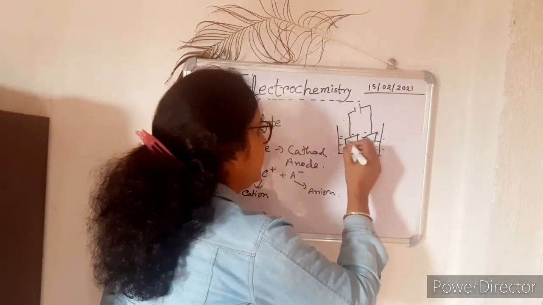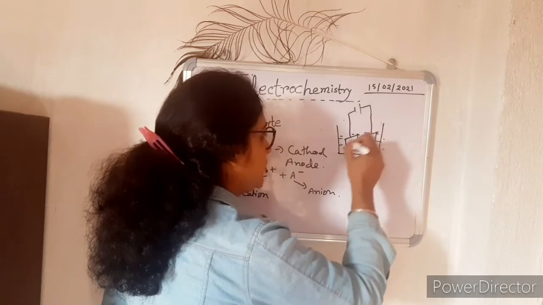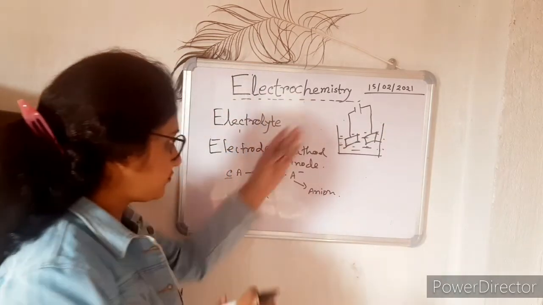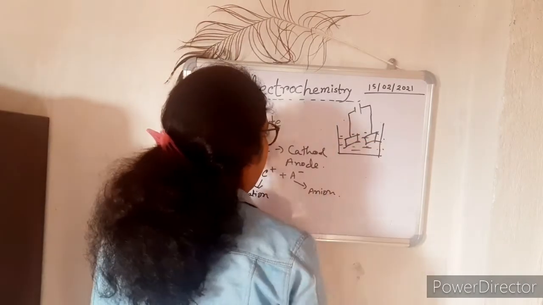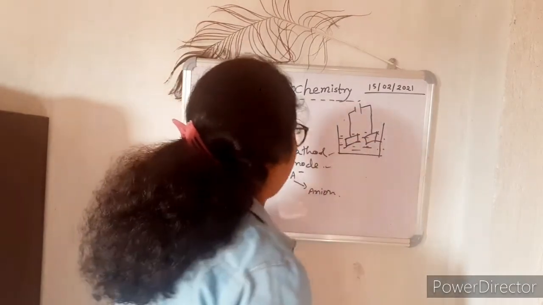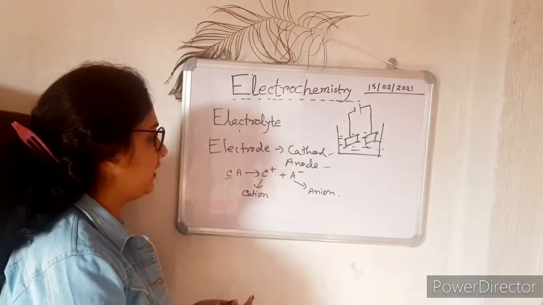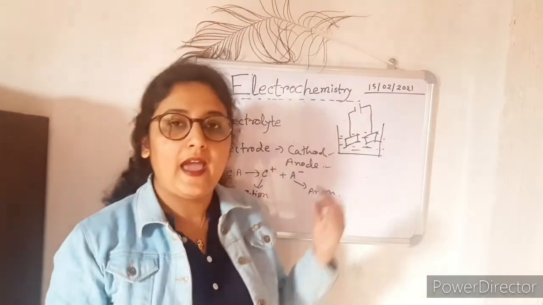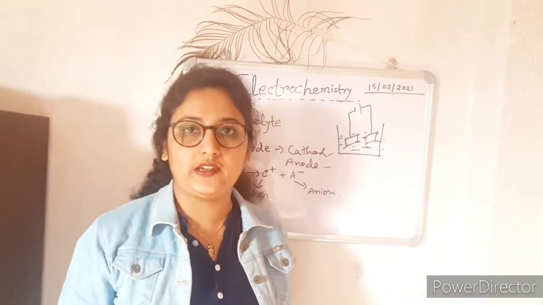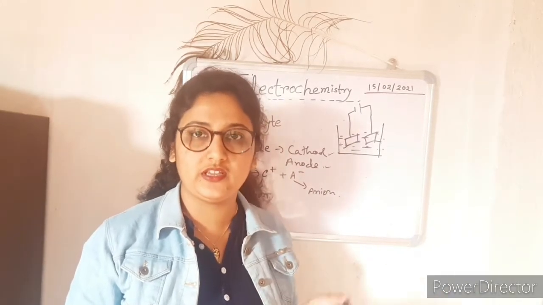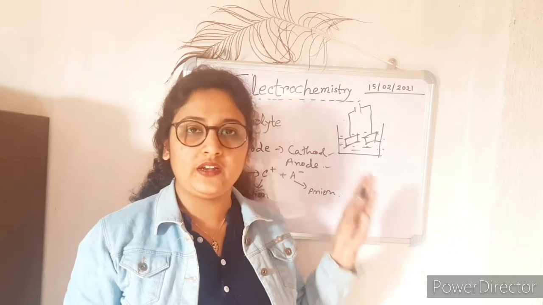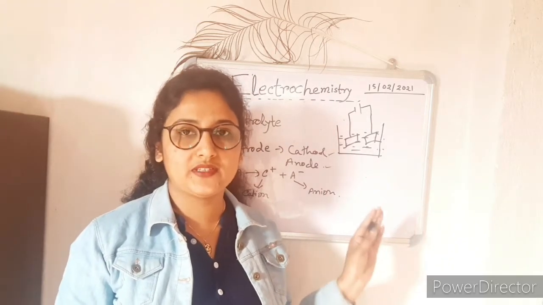Now these two electrodes are dipped into the electrolyte solution. These electrodes are known as the cathode and anode. One electrode is the positive electrode and another electrode is the negative electrode. Which electrode is positive and which is negative completely depends upon what type of cell it is.